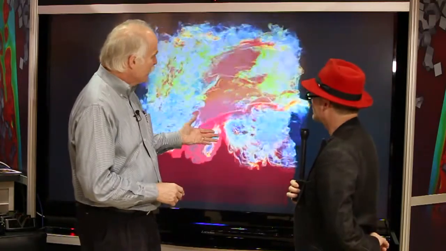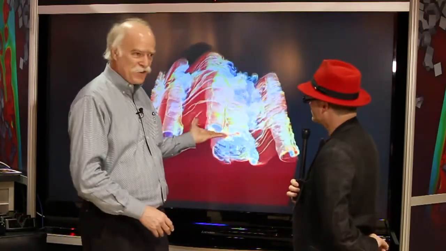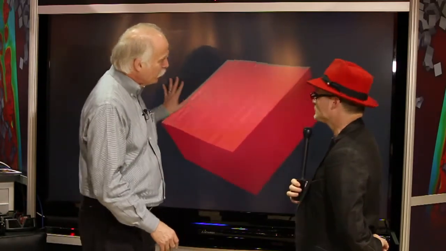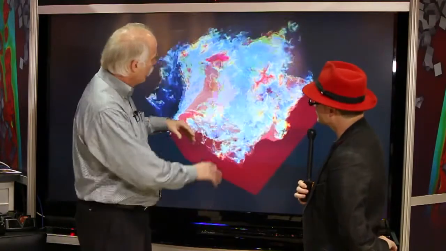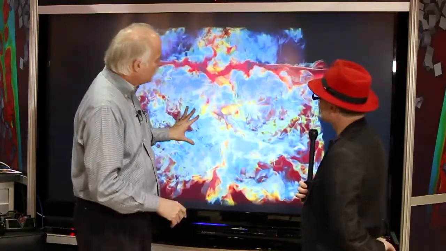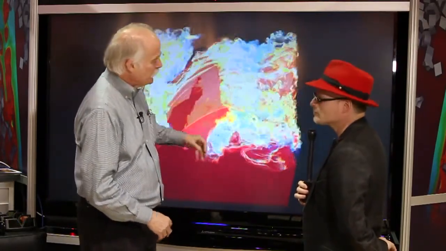As you can see, this is meant to show you that it can do a real problem. This is a flow of a light fluid over a heavy fluid, and you can think of it as being like waves at the beach. It's the same instability, but this is actually a fluid that is meant to represent a helium-carbon mixture inside a giant star.